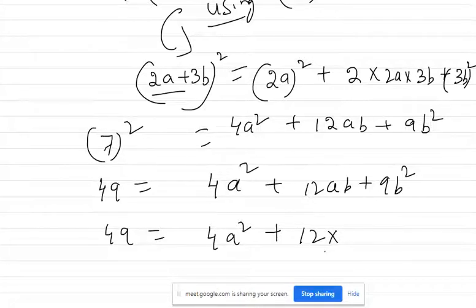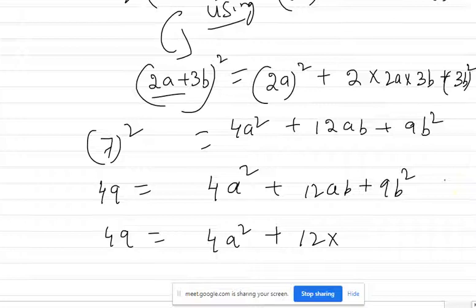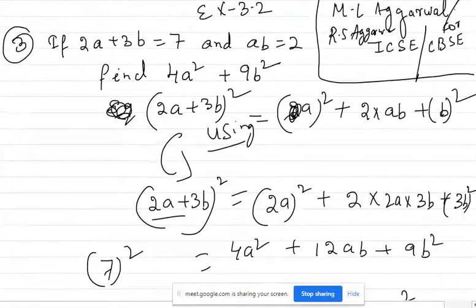A into B. The value of ab? ab is what? A is 2a and b is 3b. The value for ab is 2.